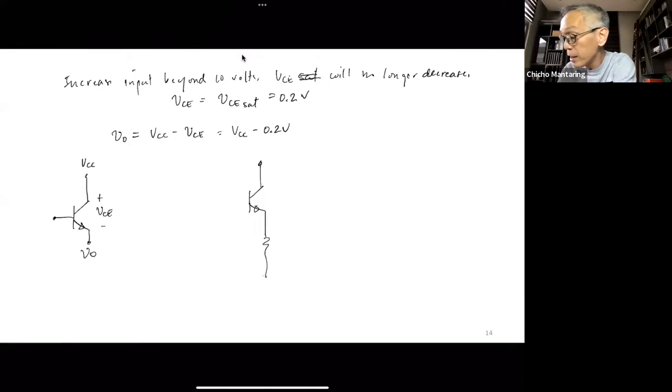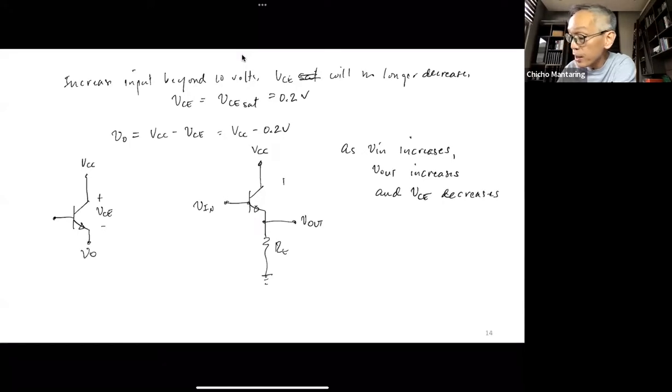So this is my circuit. This is V out. This is V in. This is VCC. As V in increases, V out increases and VCE decreases.